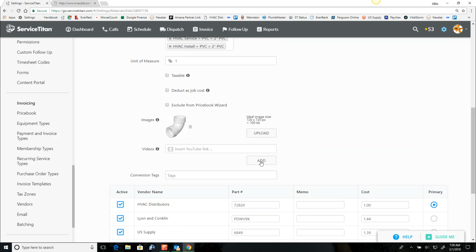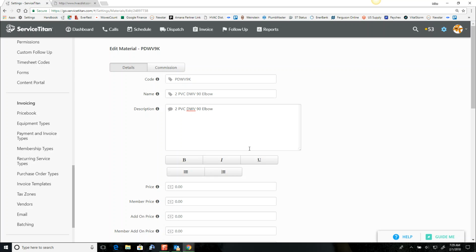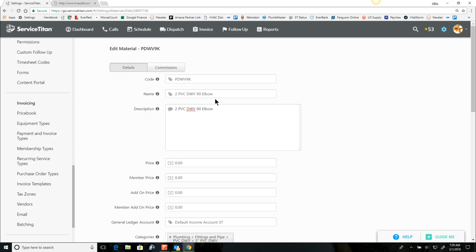Again, this one fitting displays in 3 different categories inside my material book, each of which is a representation of the main category, not including the subcategories. So this is in my plumbing business unit, my HVAC service business unit, and my HVAC install business unit, but it's still the same fitting.